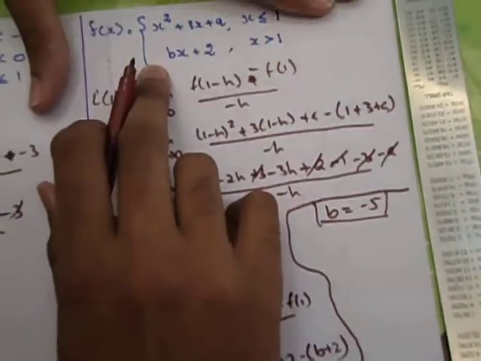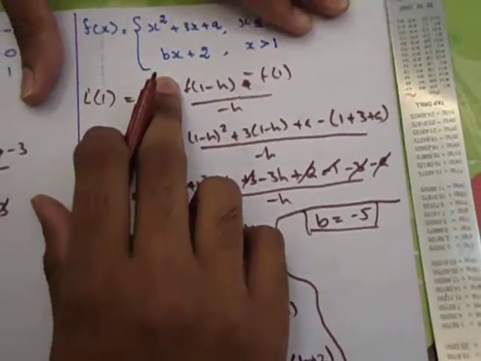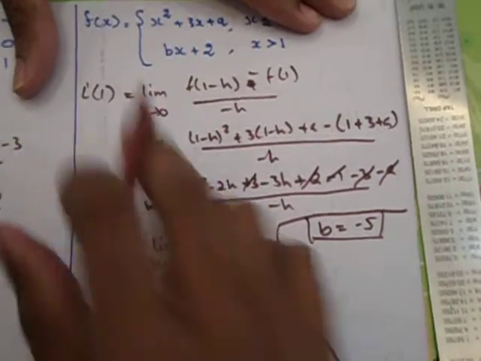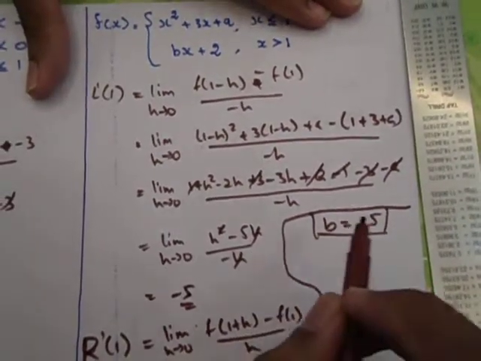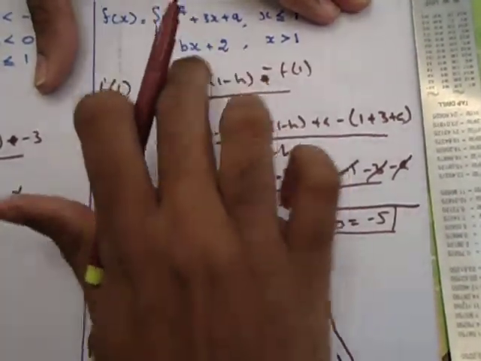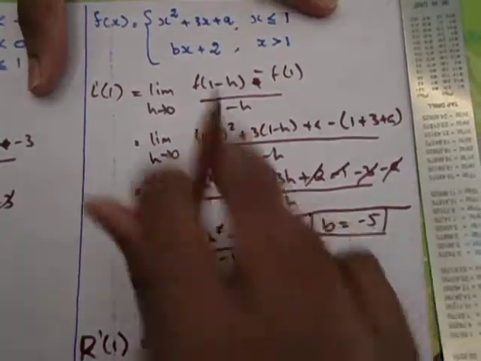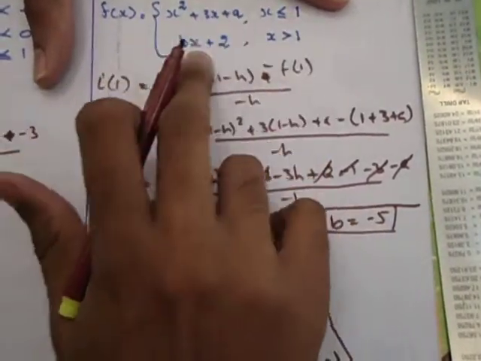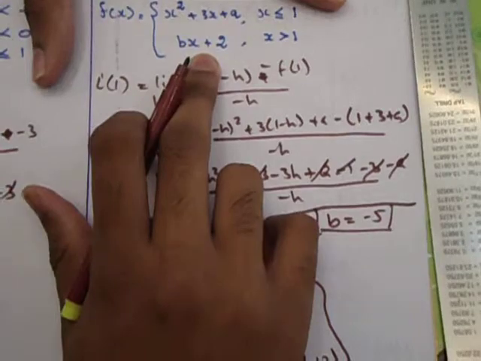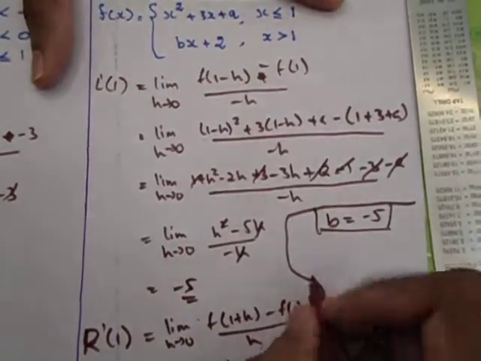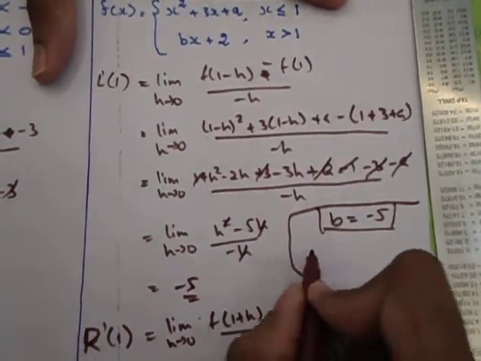Then also, we know that the function has to be continuous, so the left value should be equal to the right value. So when we substitute 1 here and 1 here, both the values should be equal. So let's substitute 1 in both the functions and equate it.